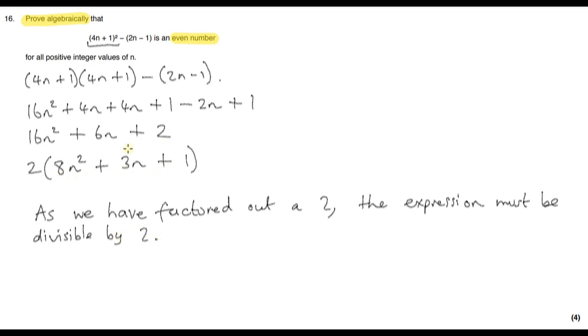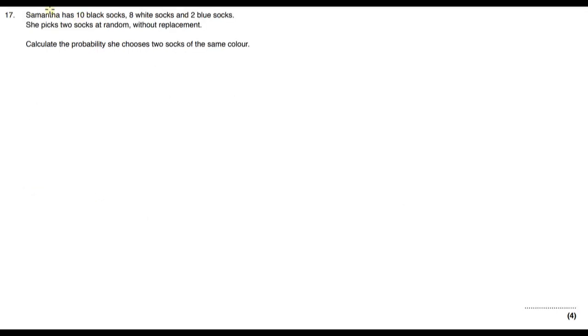So as long as we've gone from this to this, it's exactly the same expression, but we've just written it in a way where we were able to factor out a 2, therefore demonstrating that it is divisible by 2.